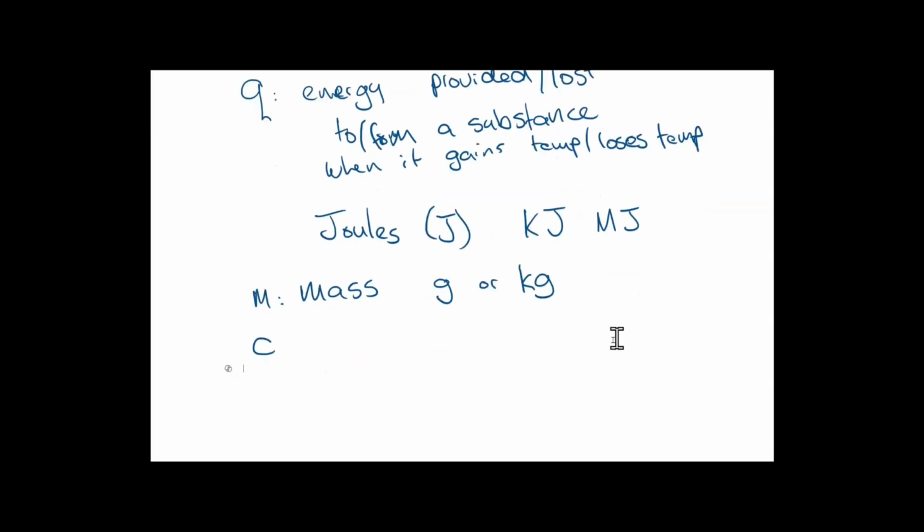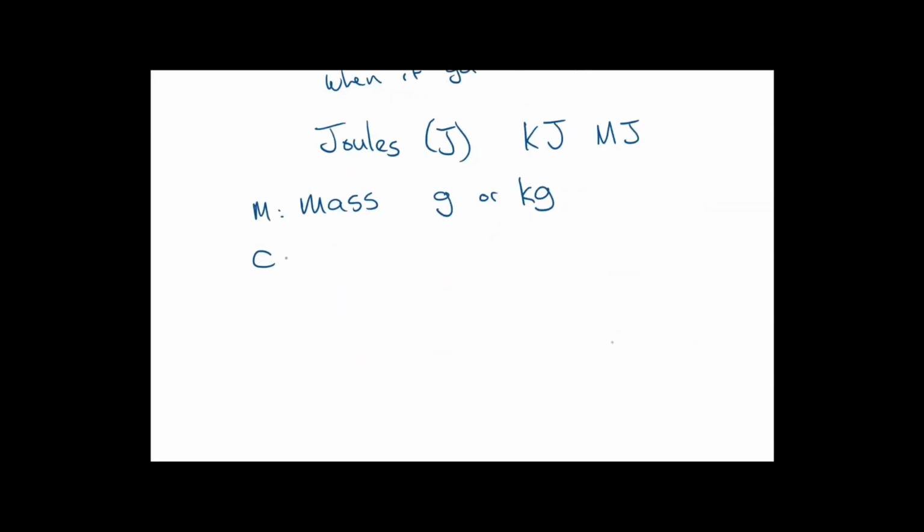C. Now C is the big one here. This is the specific heat capacity of a substance in a specific state.